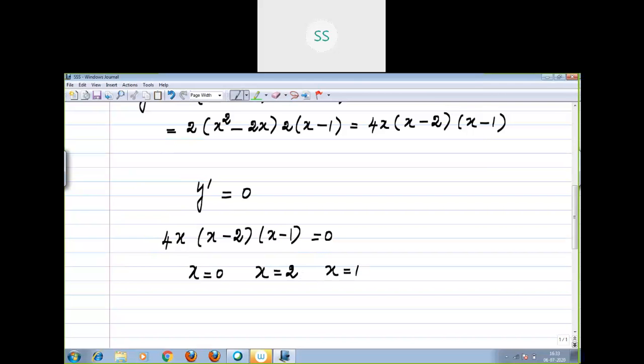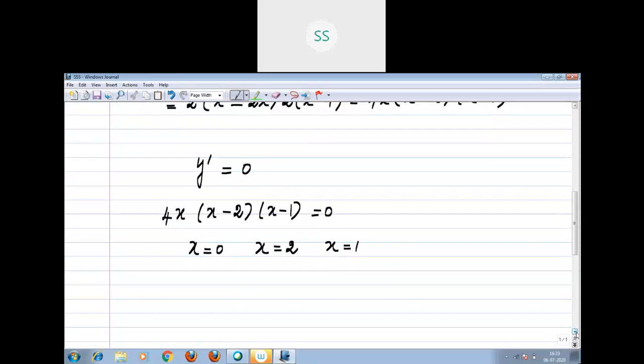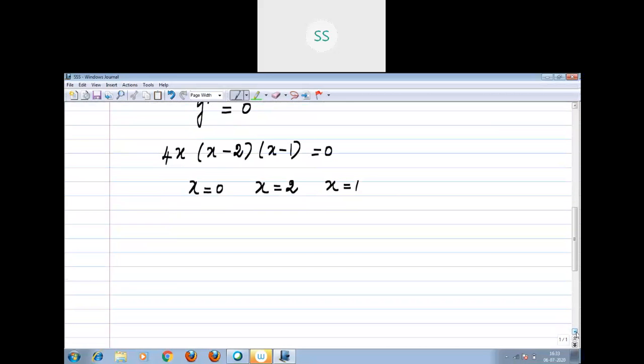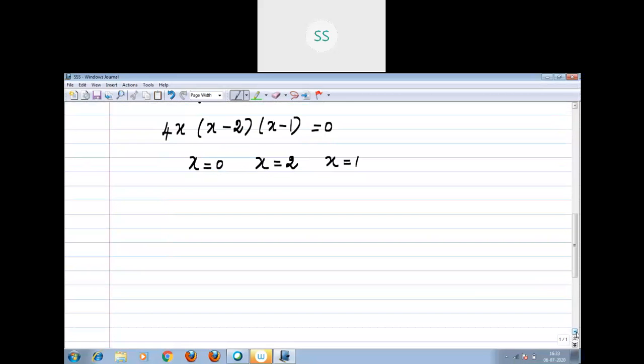That means how many disjoint intervals can you get? Yes, very good, four disjoint intervals. Now I am going to write that the real line divides into them. That is the procedure. You should draw the diagram of the real line on the right side, from minus infinity to infinity.